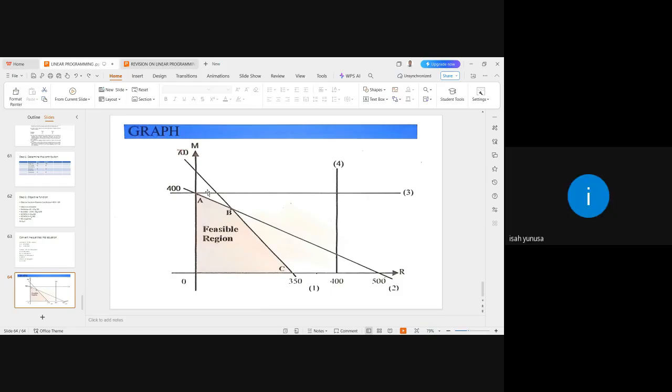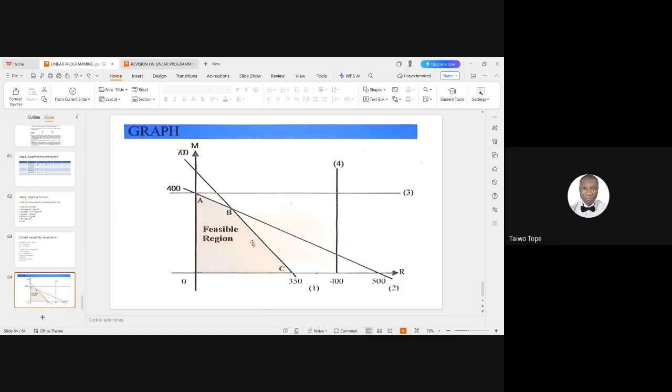Like the one for R, we assume that it has 500, so we are going to connect it to the line of M. And that of M is having like 300 in that R. We are going to connect it too. So from there, how do we determine our intercept to calculate our equation to determine the maximum contribution? The constraint.